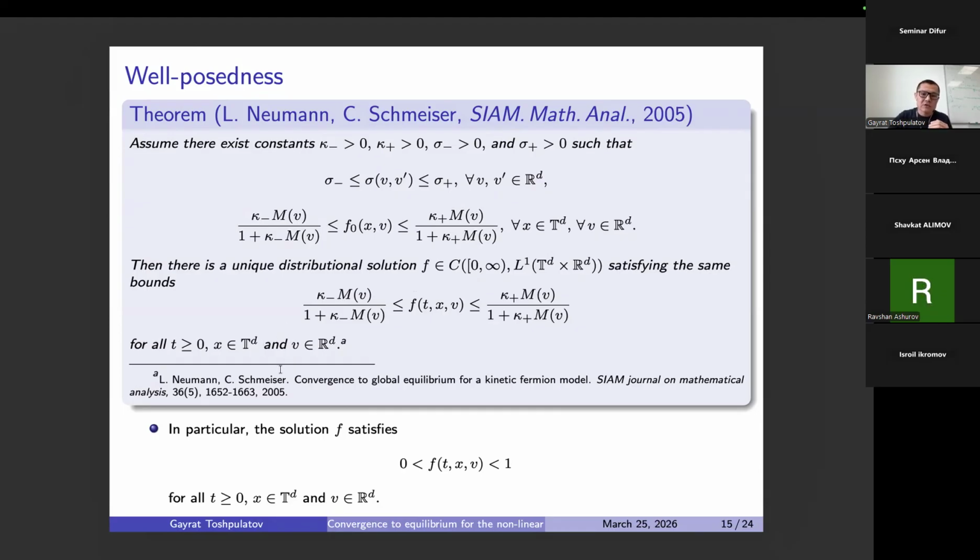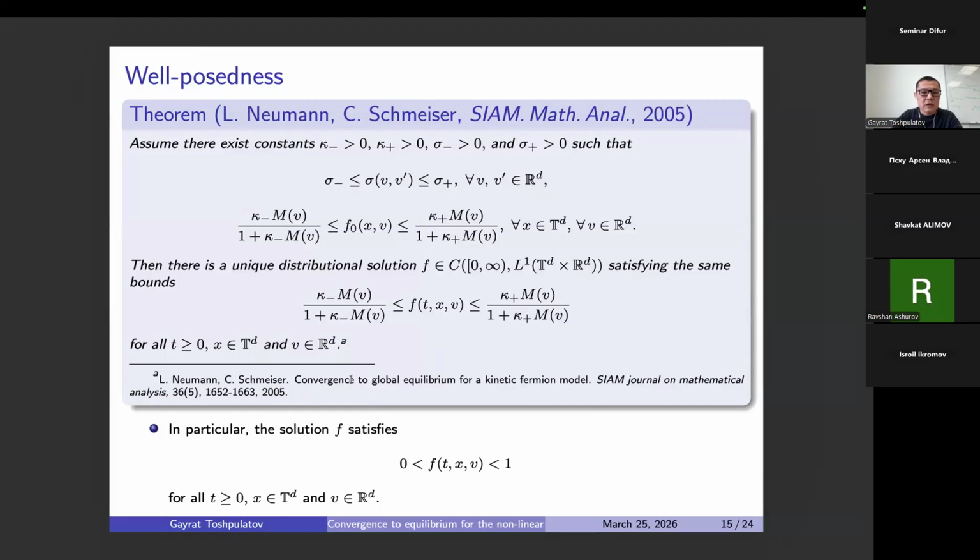And also this solution is global. And because of these bounds, in particular, we get that the solution is also non-negative and it's less than 1 because of this inequality.